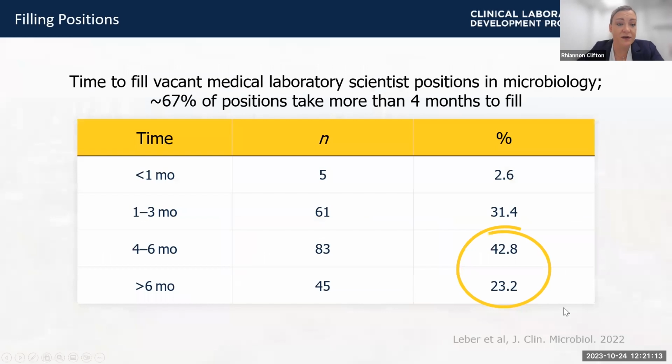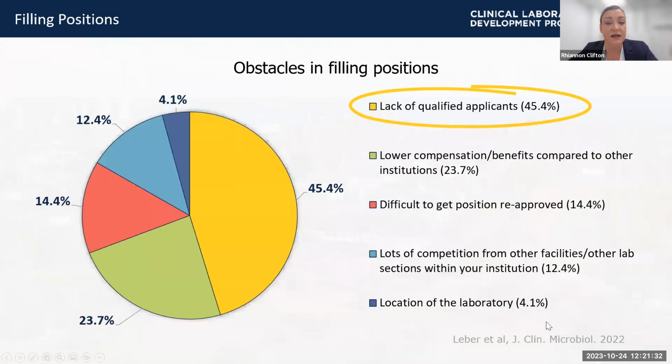In our research, we found that for the time to fill vacant medical laboratory scientist positions, 2/3 of labs said that it takes more than 4 months to fill these positions in microbiology, and that was as of 2022. Next slide. And the primary reason for that is a lack of qualified applicants, with almost half of the responses denoting this as a reason.